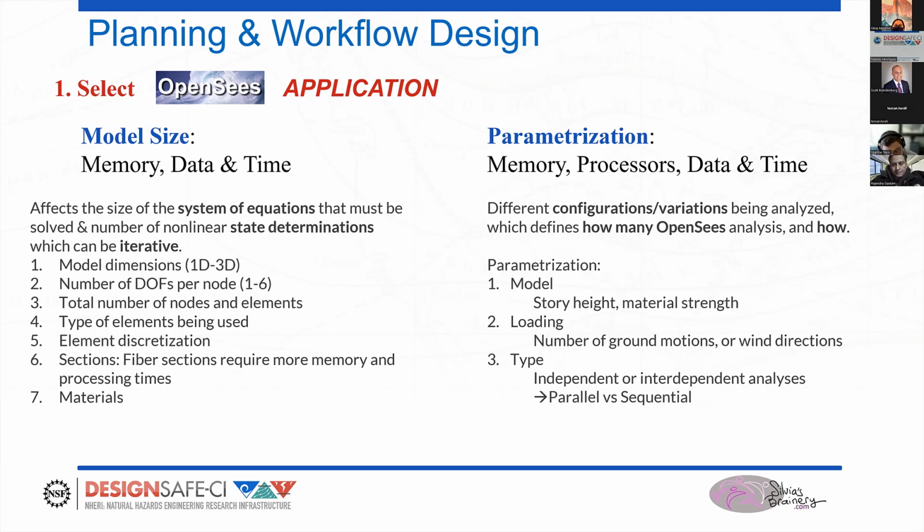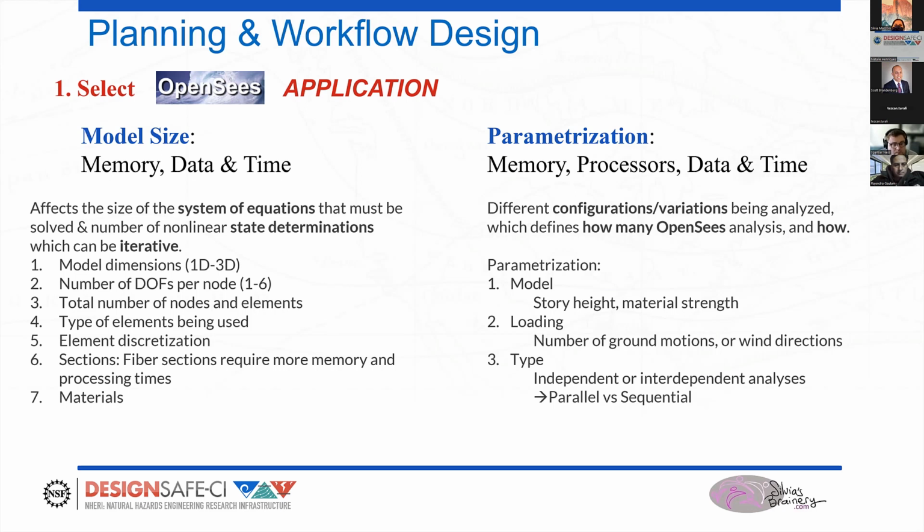The number of degrees of freedom per node: you can have springs that are just 1 degree of freedom per node, quad elements have only translational degrees of freedom, and beam column elements have 6 degrees of freedom in 3D. And so the types of elements, as well as the number of nodes and the number of elements, really affect the size of your model.